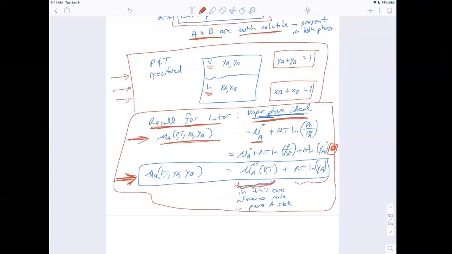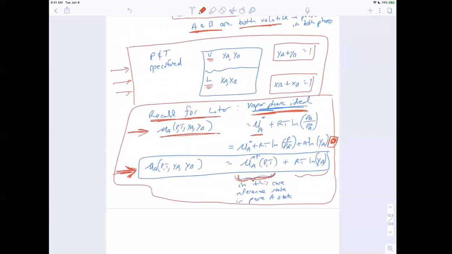So that's what that first term is in the last equation on this page, plus RT natural log of the vapor composition of that species. This is very important because this is the form that we're going to use to generalize to non-ideal systems, and this is something that you really need to understand, otherwise you won't have an appreciation for how we move on to non-ideal systems. So I introduced this here so that you don't forget to go back and understand this if you haven't already.